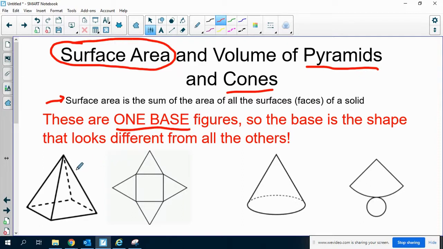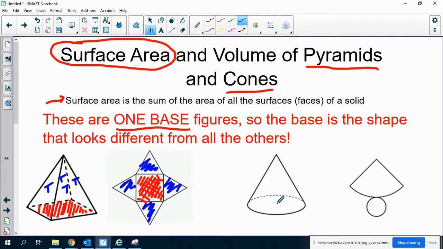If we take a look at how some of these shapes take hold, for example, this square pyramid here, the base is going to be a square. And all of the other shapes are triangles. So I have four triangles that end up being there when I unfold it.